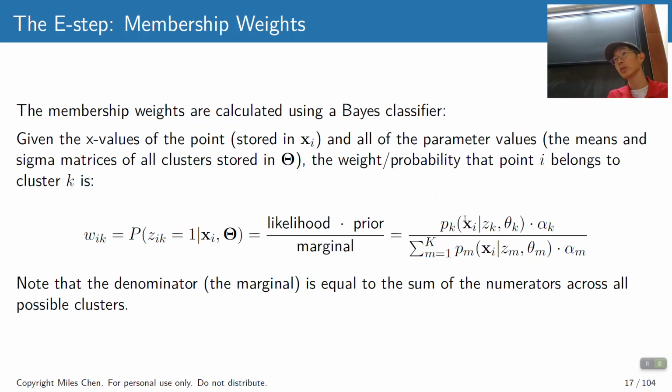So you say, what is the likelihood that this observation comes from this cluster with this mean and variance? And this cluster? And this cluster? We multiply that by the prior probabilities alpha, and then we do this for all of the different classes. We sum that up to give us our marginal so that these things add up to 1.